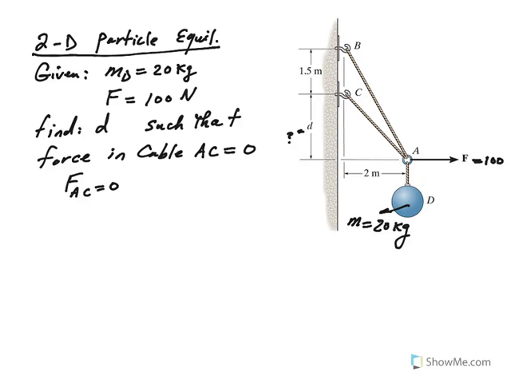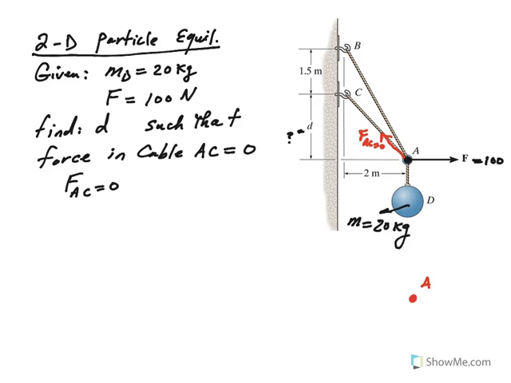So what we have to do, obviously, is draw a free body diagram of point A. Remember, the force in AC is already gone, equal to 0, so I'm not going to bother with that. Let me draw the free body diagram right here for you.